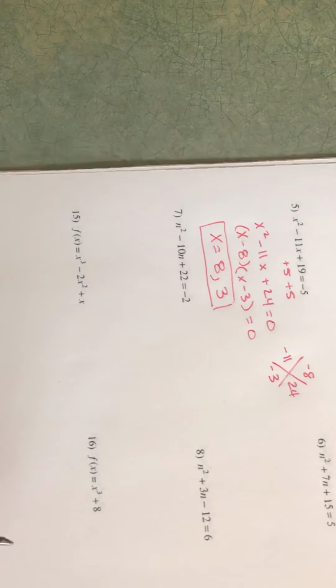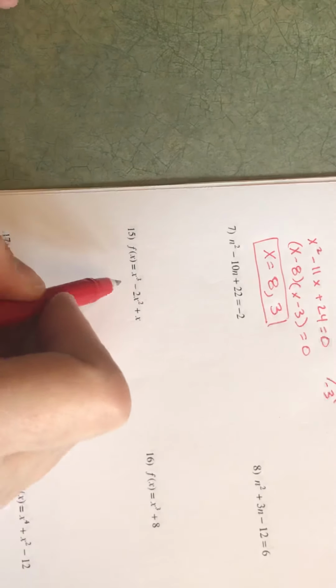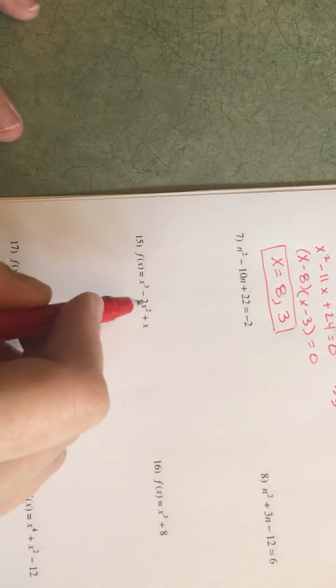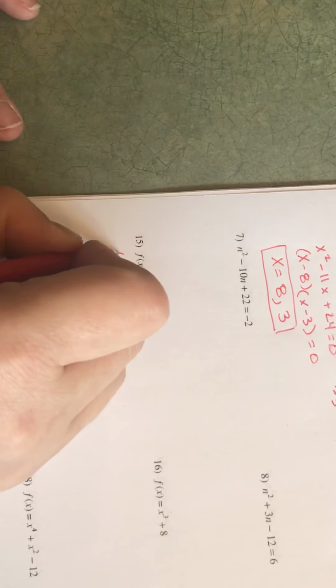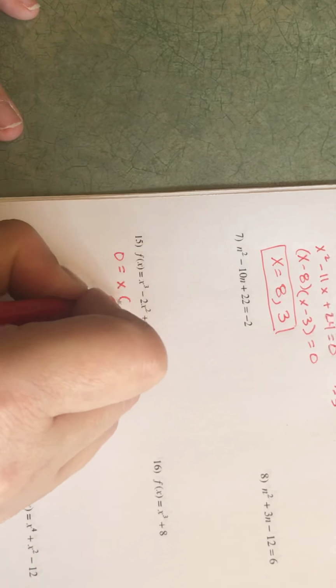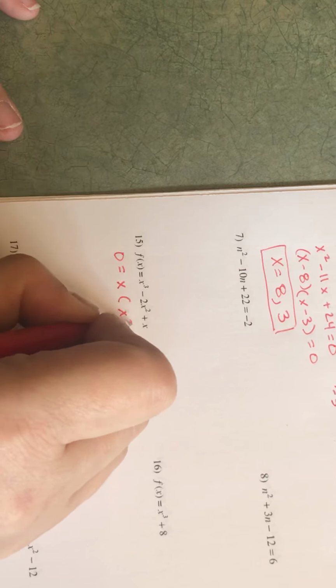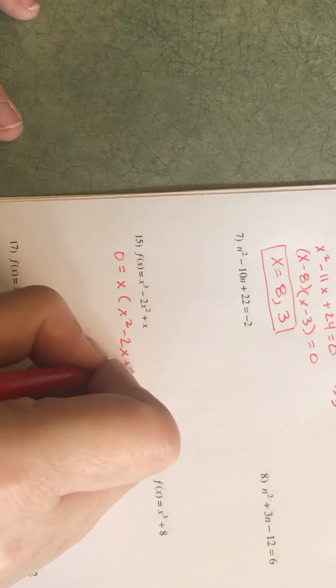And then, when we go down to this one, I notice it's got a cube in it, but I can factor that out. So I'm going to go 0 equals x times x squared minus 2x plus 1.